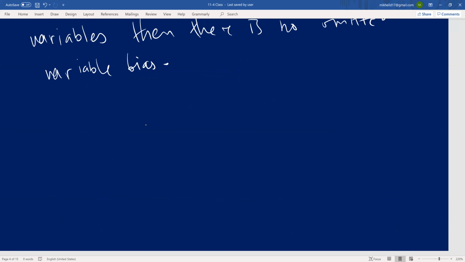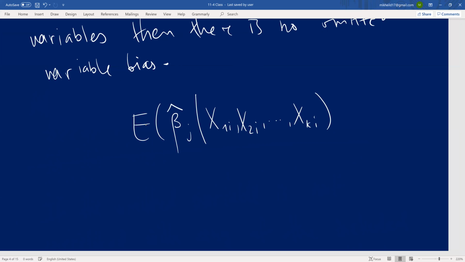So see, very nice. So the thing is, we know that the expectation of beta hat j conditional on all of our x's, right? x1i, x2i, and so on, xki, so the expectation of beta hat j conditional on all of our x's should be beta j, right?